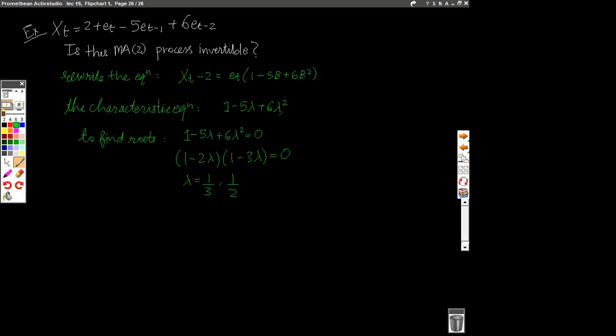And others? It is not invertible. Why do you think so? As we saw in the AR process as well, the root should be greater than 1. Okay, but why do you think that's going to help you here?